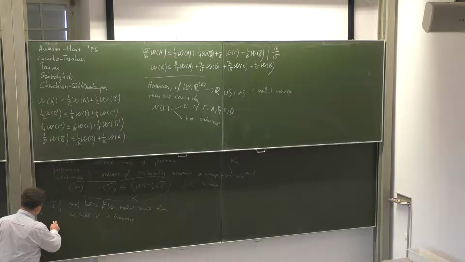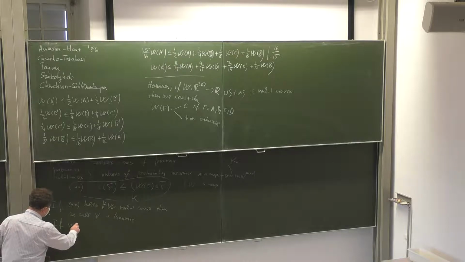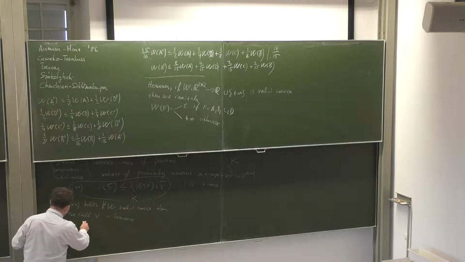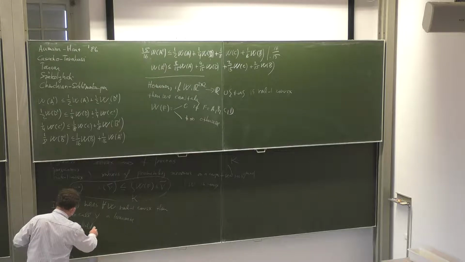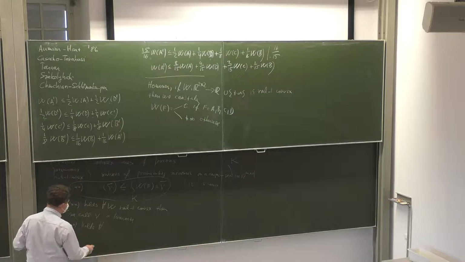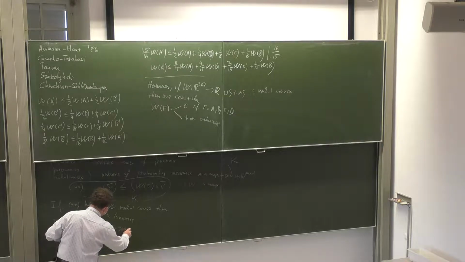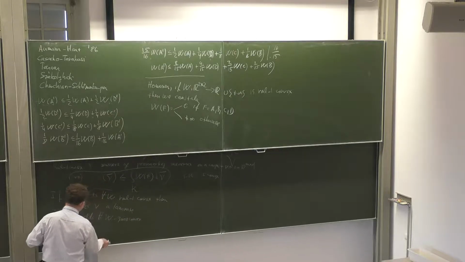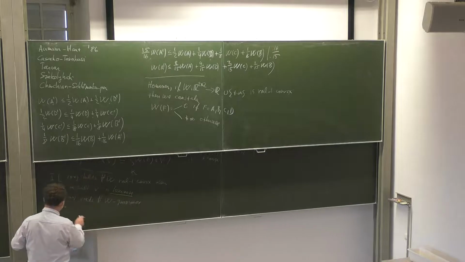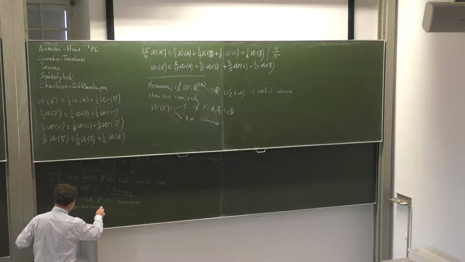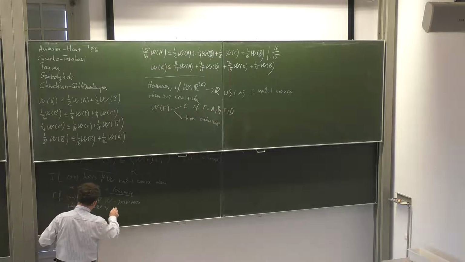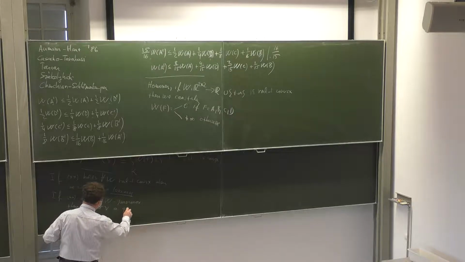If this Jensen inequality holds for every W quasi-convex, then we call nu a gradient measure.